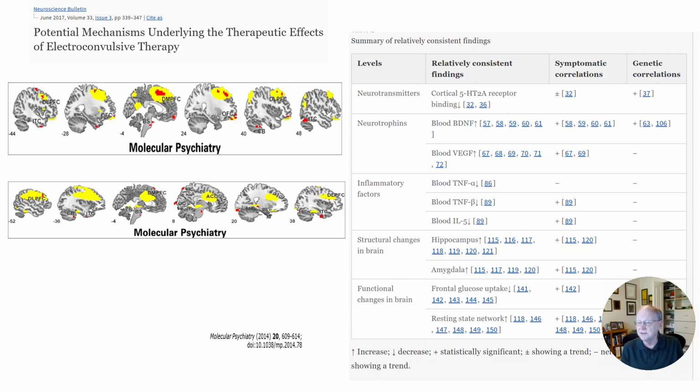We see increases in the hippocampus, because after all, one of the main findings in major depressive disorder is decreased hippocampal volume, and various other improvements in functional changes in the brain, particularly changes in the resting state networks. All right? So apart from encouraging our patients to have ECT, this is all very useful data, as well as refuting myths about ECT.